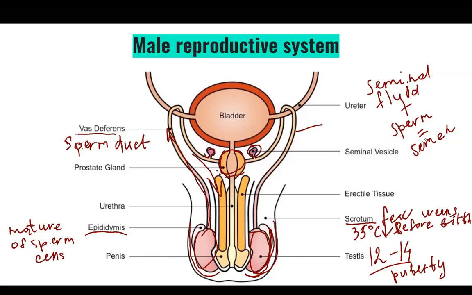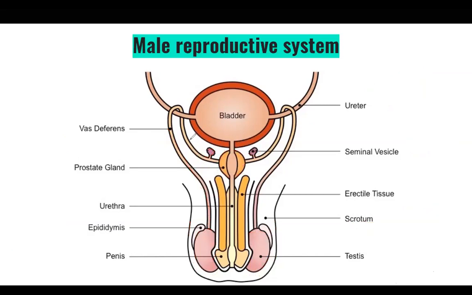The sperm ducts join a tube called urethra.